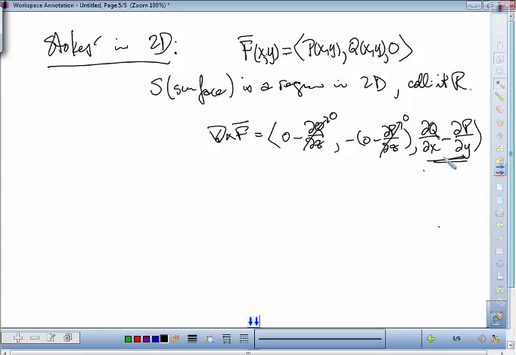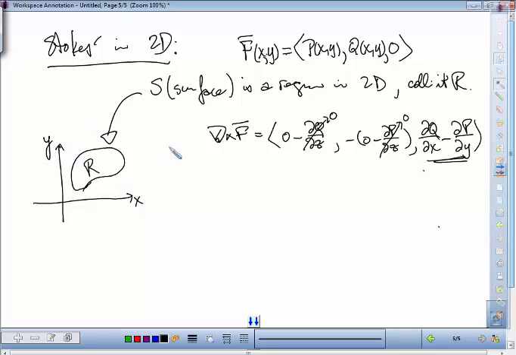All right? So what does this say? Also, if the surface is flat in 2D, this is your R, then the normal vector is going to be straight at you in the z direction: 0, 0, 1, or just k.